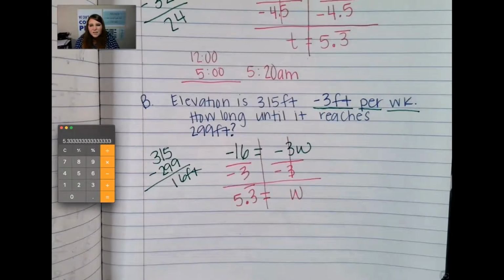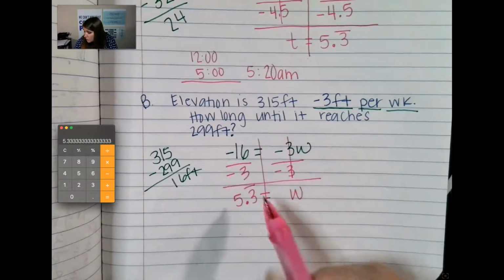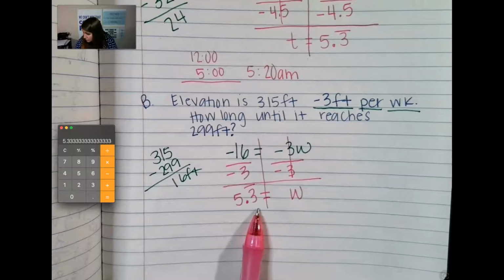Okay, so what is 5.3 repeating? Well, it's just going to be 5 1/3. So 1/3 of the week. So it would just be a couple of days. So it would be 5 weeks and then maybe 2 days.